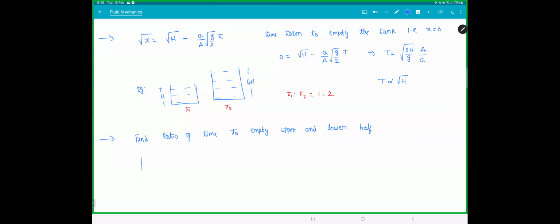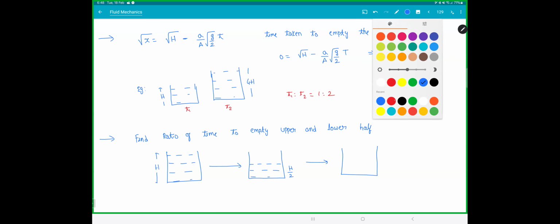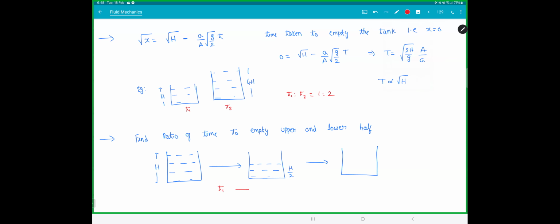Meaning like this, let's say we have a tank. This is height h. After some time, the tank becomes half empty. So this guy is h by 2. Then it becomes fully empty. So from here to here, time is t1.